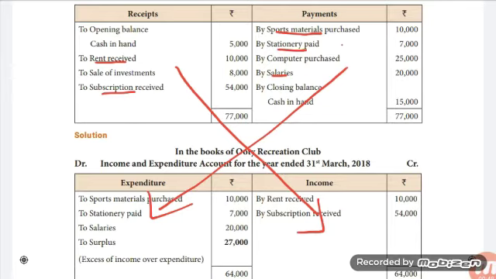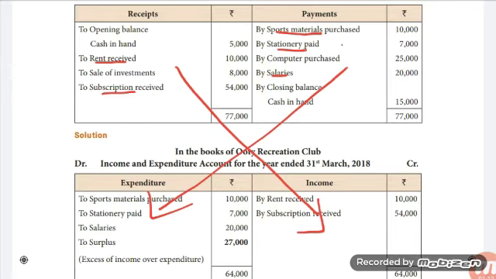Next item, rent received. Okay, it is an income and revenue item. So enter on the credit side of income and expenditure account as by rent received, amount in outer column 10,000.